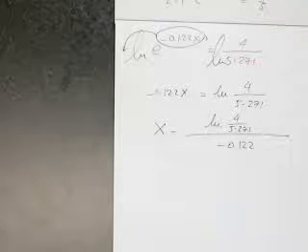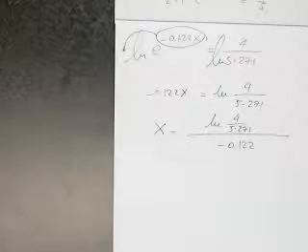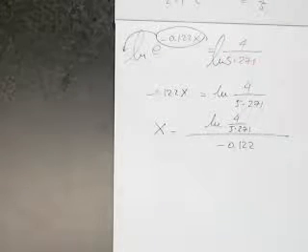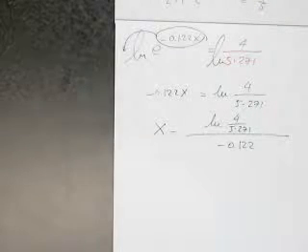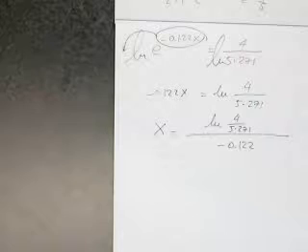So I have natural log, and be very careful now, 4 divided by, in parentheses, 5 times 271, because the calculator has to perform the denominator first. So close and close again. And now divide by, in parentheses, careful, negative 0.122 and close.